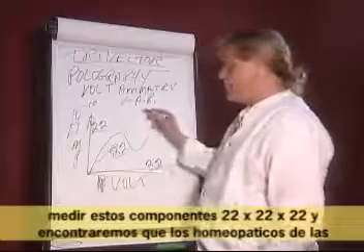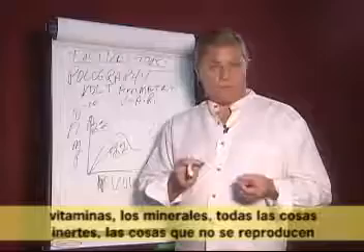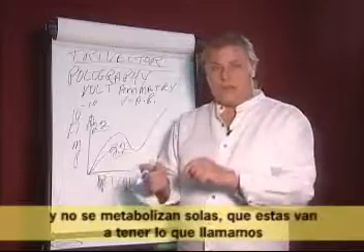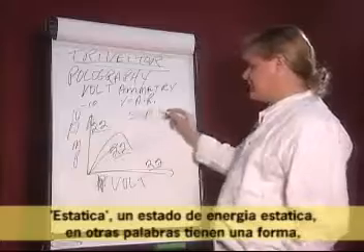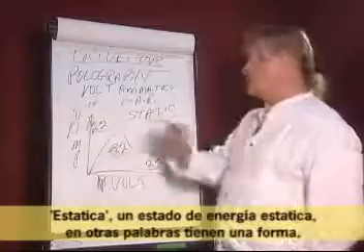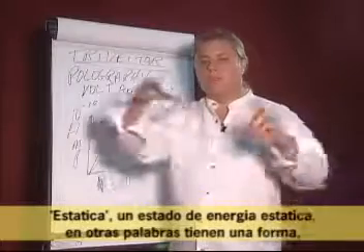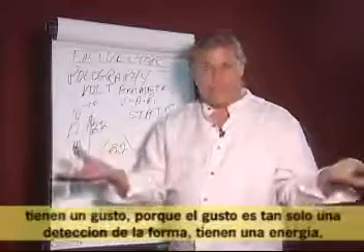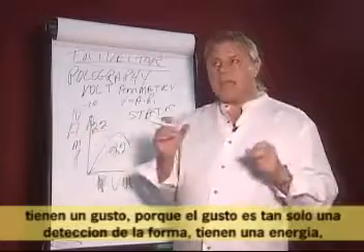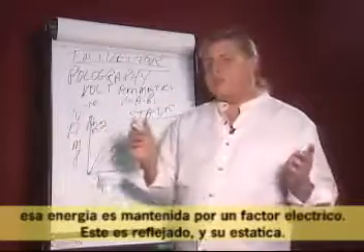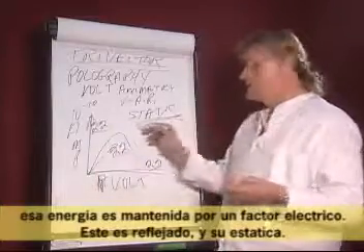Now we're going to find that the homeopathics, the vitamins, the minerals, all the dead things, the items that do not reproduce and do not metabolize on their own, have what we call a static energy state. In other words, they have a shape, they have a taste, because taste is just a detection of shape. They have an energy. That energy is held together by an electrical factor. It's reflected and it is static.